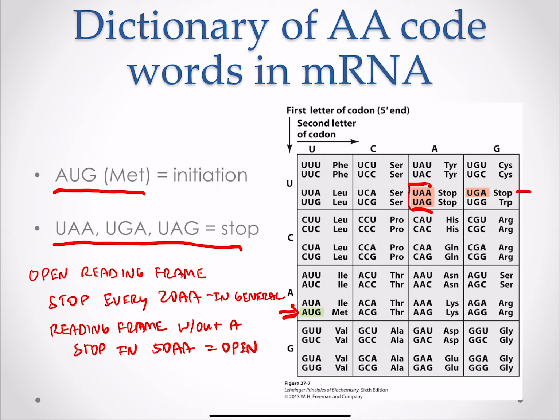And so long open reading frames are usually the areas where there are genes, and these genes are going to encode for a protein. So when you're going to look at the DNA for genes, you're going to focus on long open reading frames.